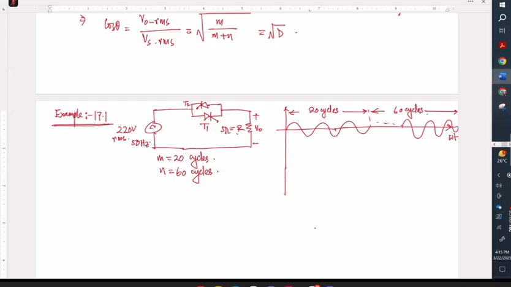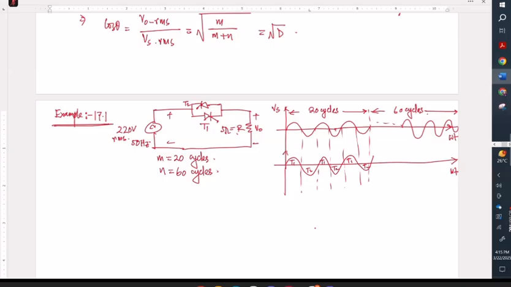So in that case, this is my source. So what should be my output waveform? Your output waveform will be exactly the input waveform for the first 20 cycles. Then it will be turned off like this. So during the positive half cycle, here T1 will be turned on, here T2 will be turned on, again here T1 will be turned on, T2 will be turned on, T1 will be turned on, T2 will be turned on.